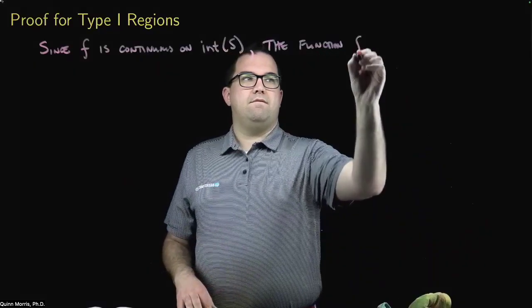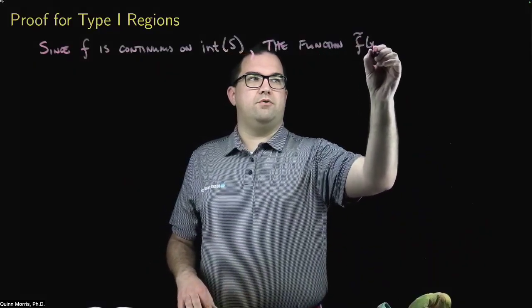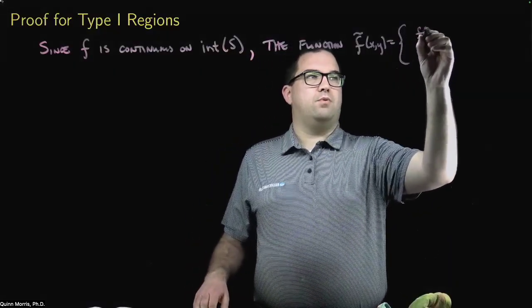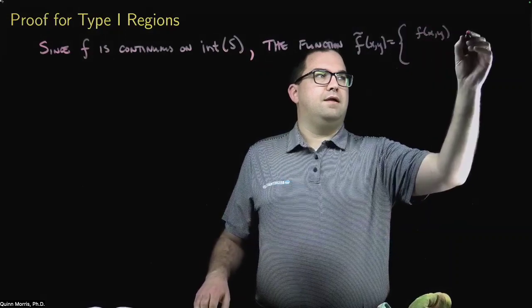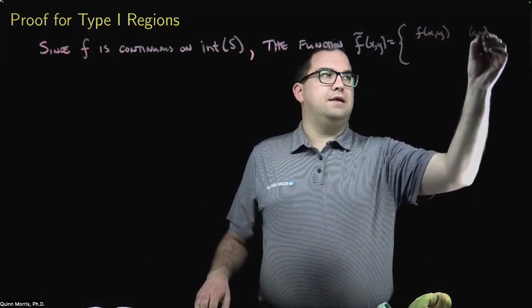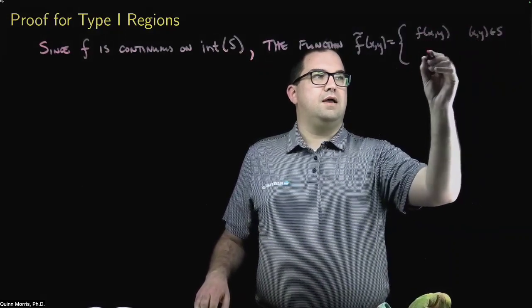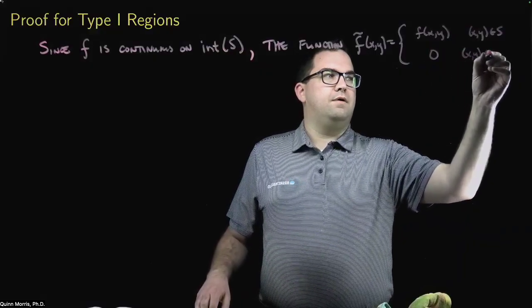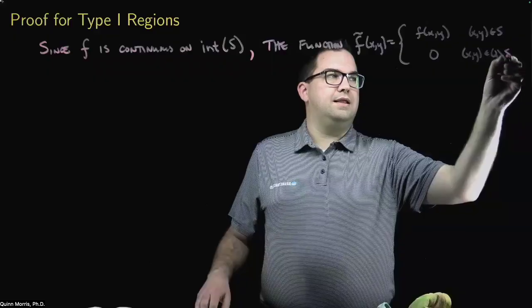Let's remind ourselves, f tilde of x, y is equal to f of x, y if (x, y) is in S, and it's equal to 0 if (x, y) is in Q minus S.